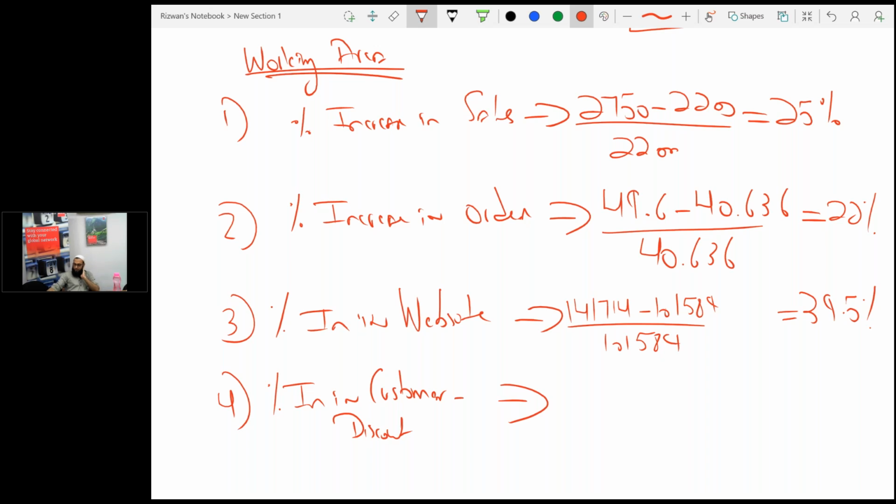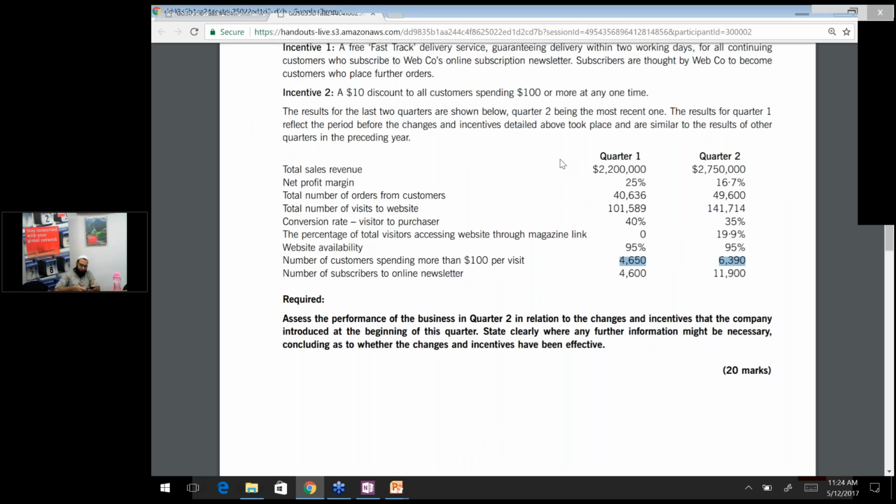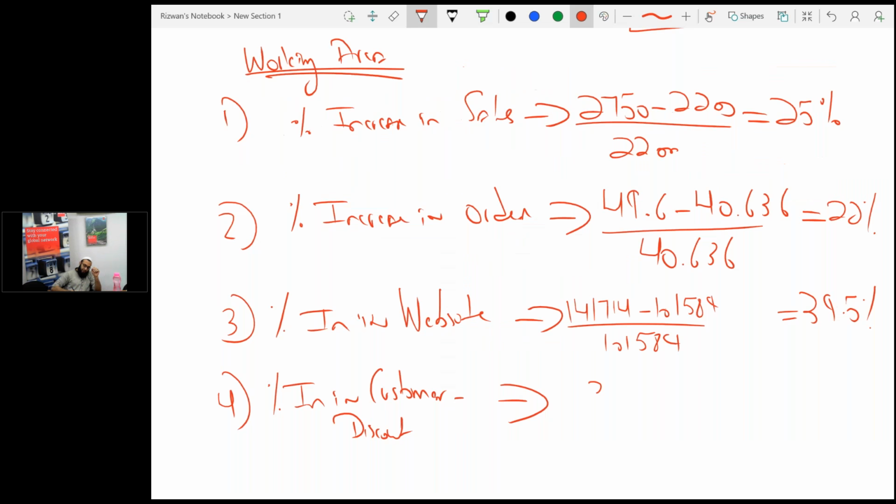If I calculate the percentage of that, you can easily work it out: 6390 minus 4650 divided by 4650. So it's 37.4% increase.